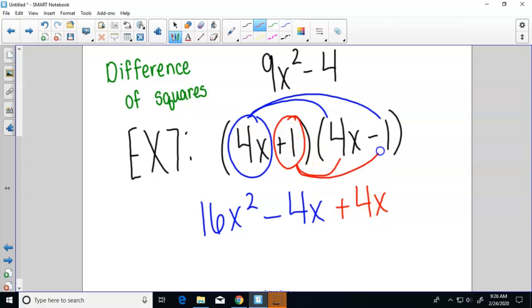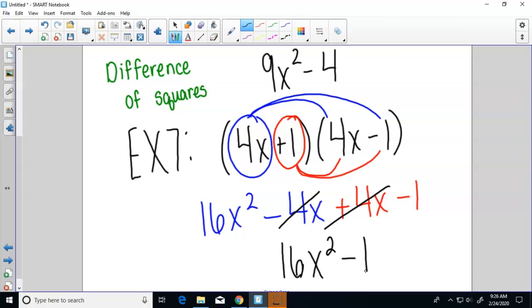And 1 times negative 1 is negative 1. But if you have a difference of squares, those middle terms cancel out every time. So I knew as soon as I saw that right there that the answer was 16x squared minus 1. Because if you have a difference of squares, the middle terms will cancel out every time.